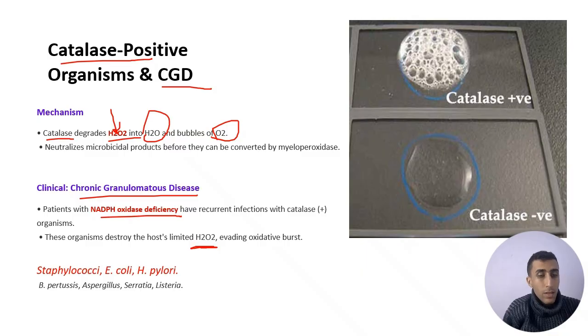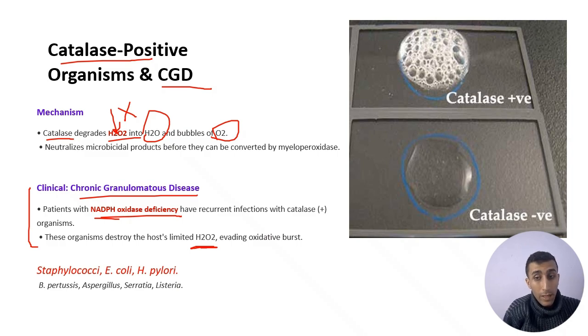So these patients have a limited supply of H2O2, and the catalase positive organism will degrade this limited supply of H2O2. These patients have so little H2O2 because they lack the enzymes that produce H2O2.